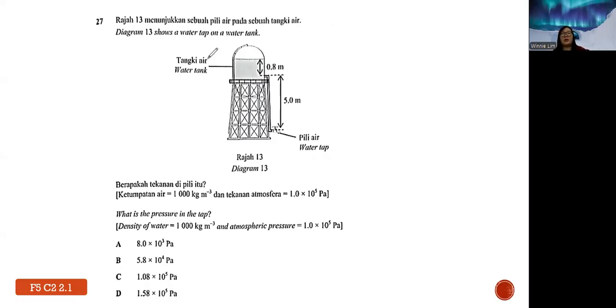For information, we want to find liquid pressure, so the formula is h rho g. If they ask what is the pressure acting in the tap, the pressure from the water onwards, from here to here, is referred to as liquid pressure.